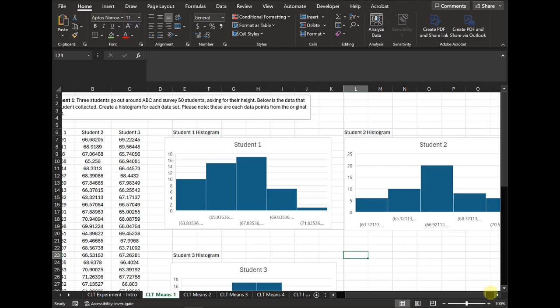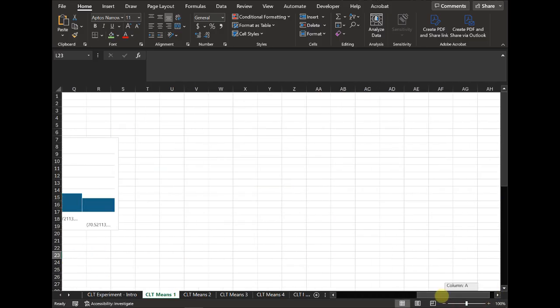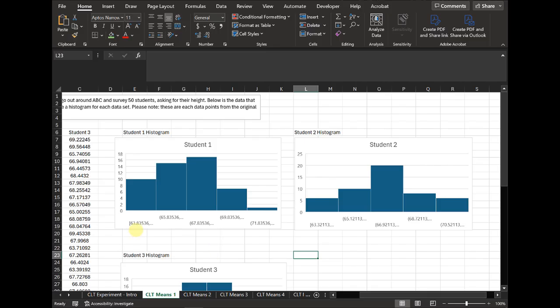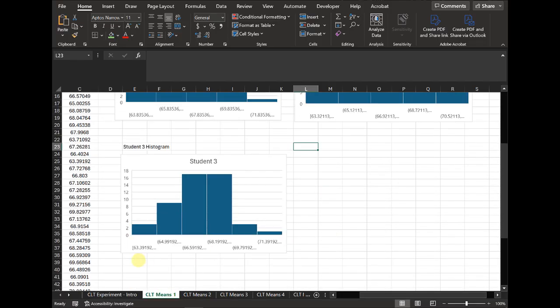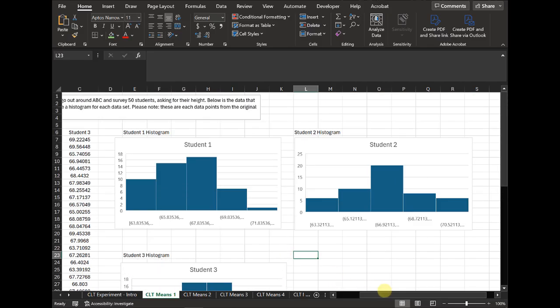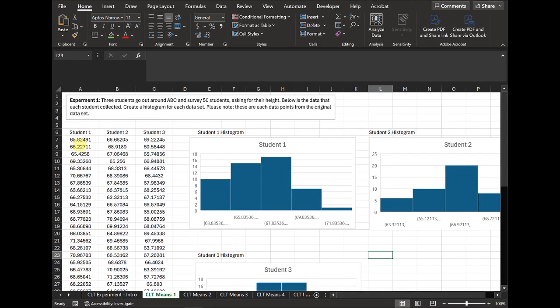If you do a brief glance at how these graphs are set up, this bucket starts at 63.83536, versus this one starting at 63.3211, and this one starting at 63.39192. The point is that we sent out 3 students to go survey 50 students.